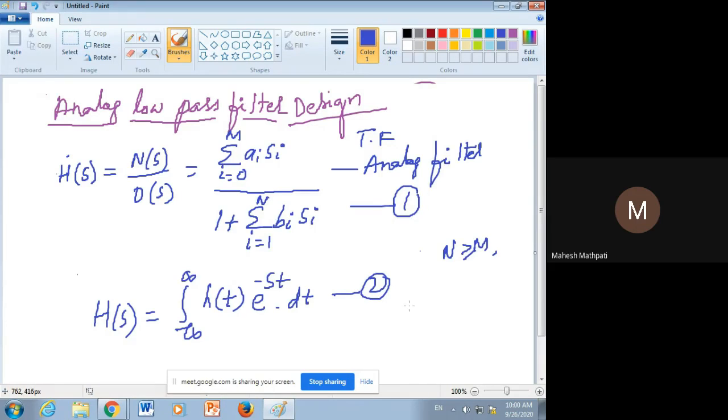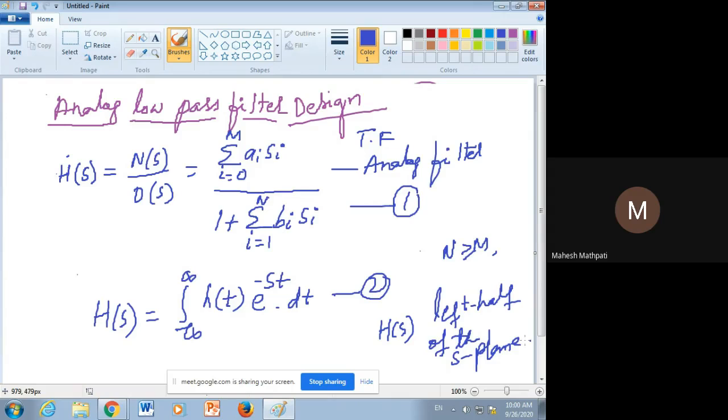For a stable analog filter, the poles of H of s should lie in the left half of the s plane. Okay, so this we will understand here.